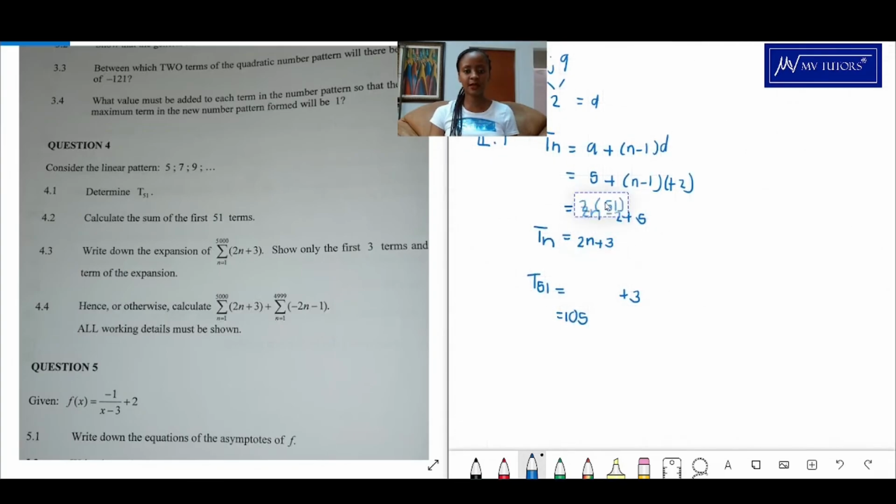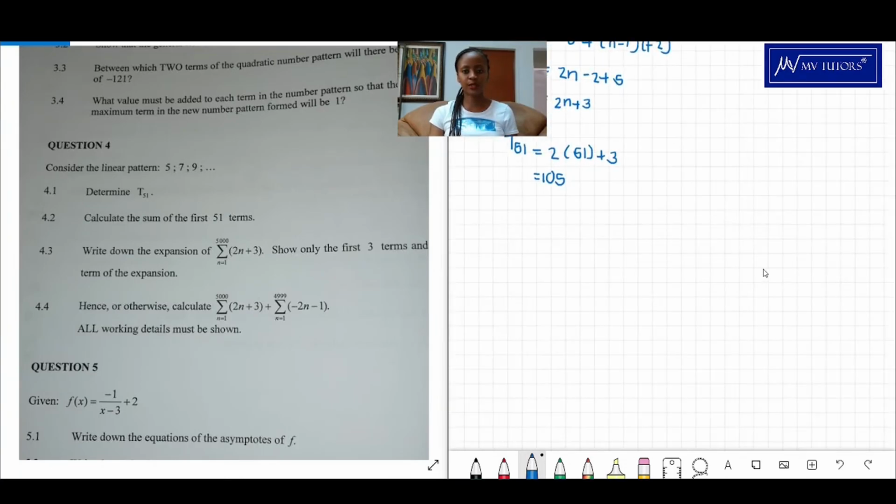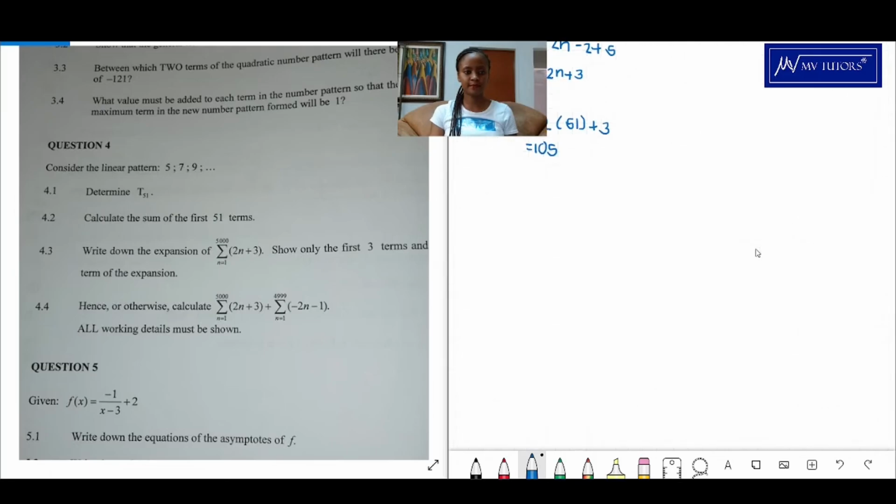So let's see now. Okay, so we are going to 4.2. All right, calculate the sum of the first 51 terms. So you have the sum formula in your formula sheet. Okay, we have n over 2 times the bracket 2a plus n minus 1 d.